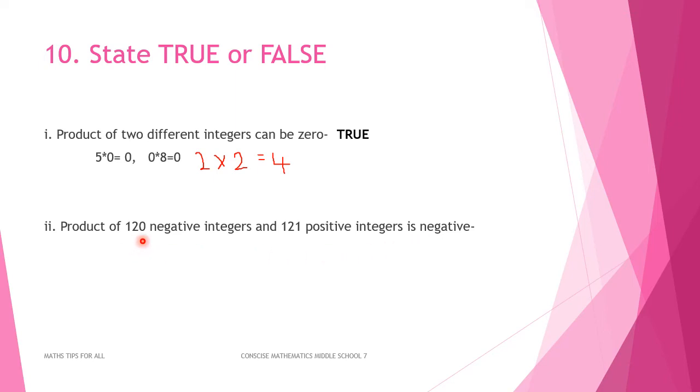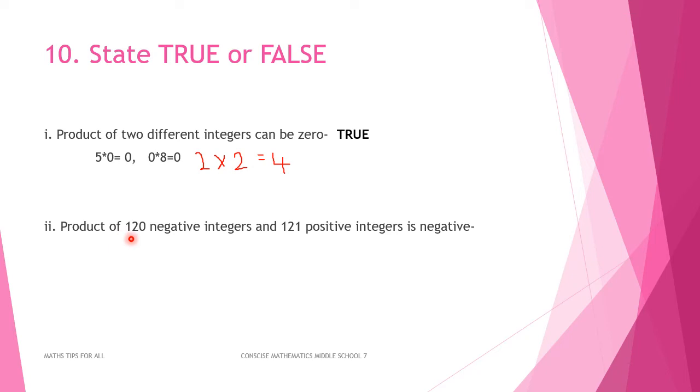You have to check for the negative integers. 120 numbers are given, any 120 integers. So is 120 even or odd? It's an even number because it is divisible by 2.